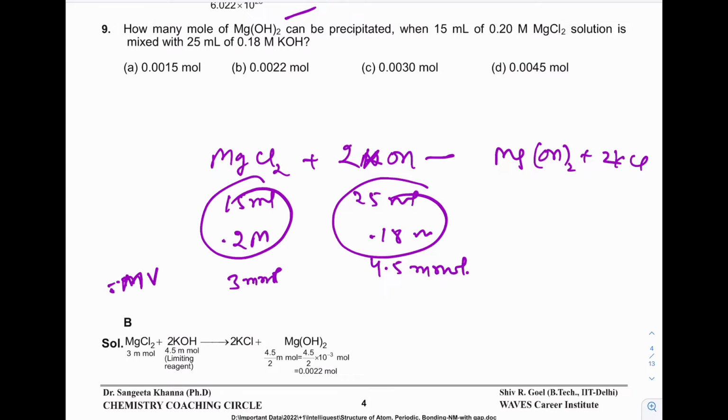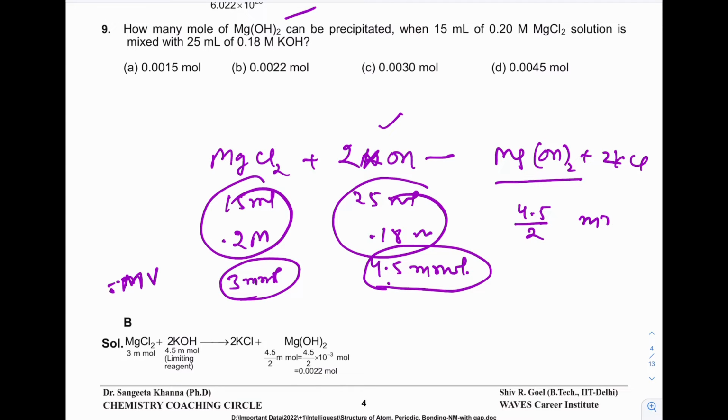Your limiting reagent will be KOH because 4.5 millimoles require 2.25 millimoles of magnesium chloride, which is 3 millimoles, that means magnesium chloride is taken in excess. If KOH is limiting reagent, then magnesium hydroxide formed will be half of this. And for moles, it is 1 by 1000. So answer is B.